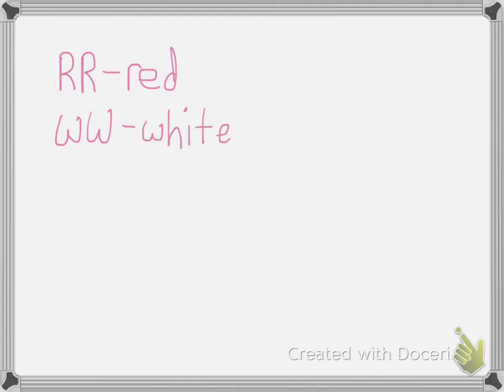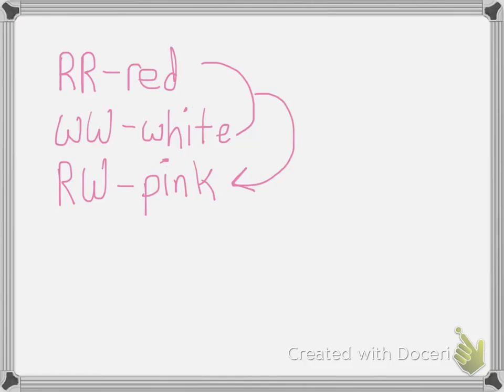But if we have a RW, well, if you take red paint and white paint and mix it together, they blend together and you would end up with pink. We see this especially in flowers a lot of times. So if we're doing a cross, we can take this concept. So these two blend in the heterozygous, right?